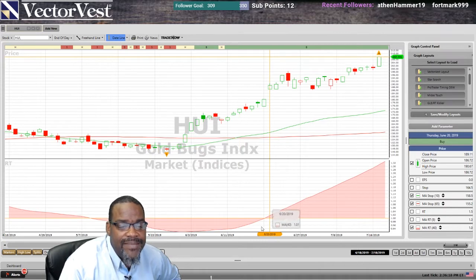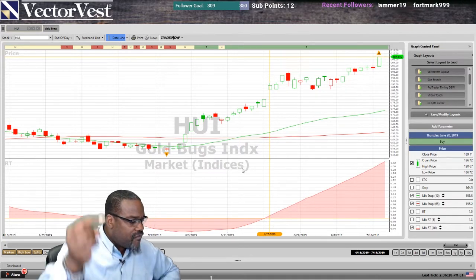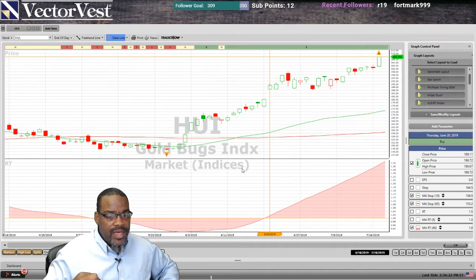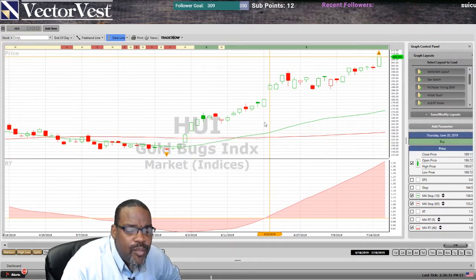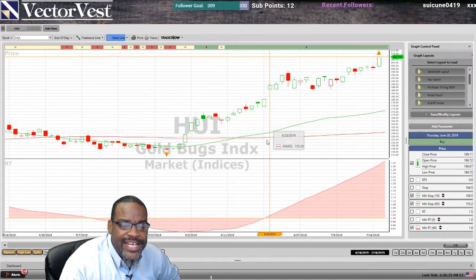So the good time that we would have gotten you in, from a confirmation standpoint, would have been on 6/20 of 2019. Well, that's a little bit of a way from the 3 and the 8 cross, but this is more of a confirmation move on gold. And did it give you an opportunity to make money and still make money now?